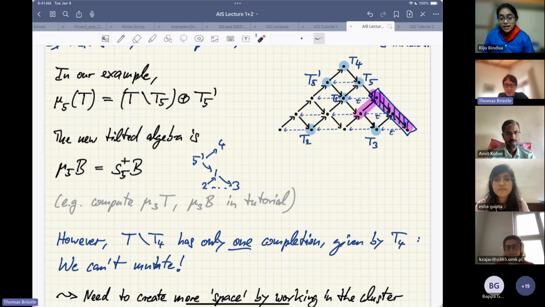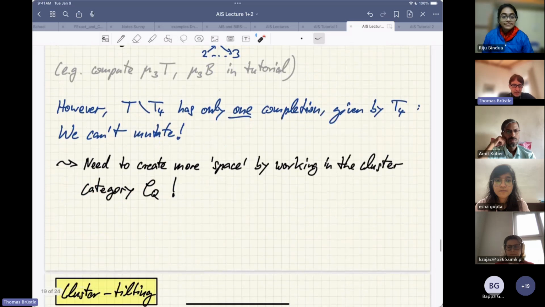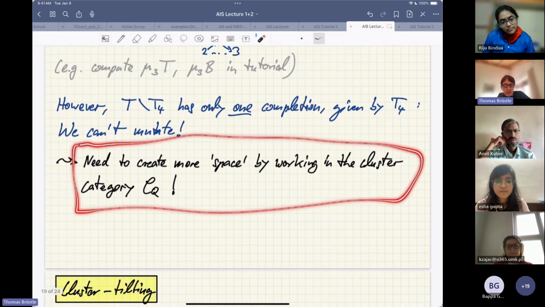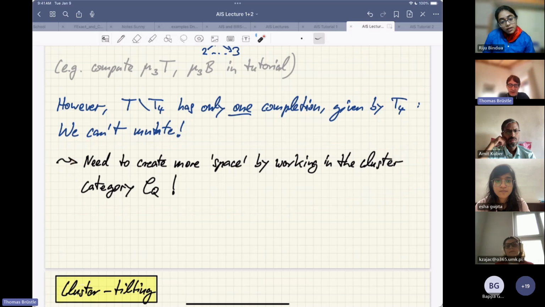So I've got a couple of minutes left. Is this correct? So in order to always be able to mutate, we have to find more space.